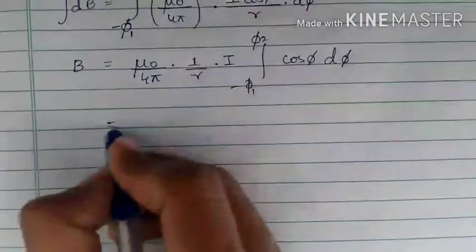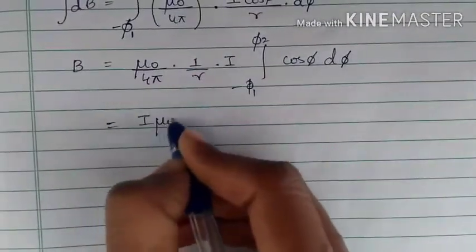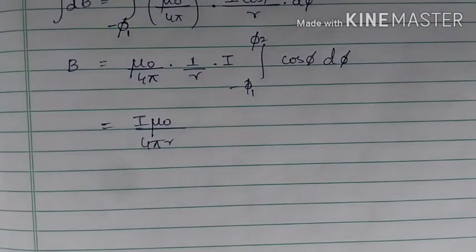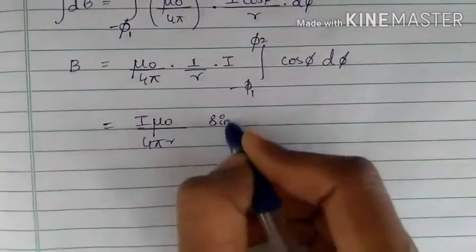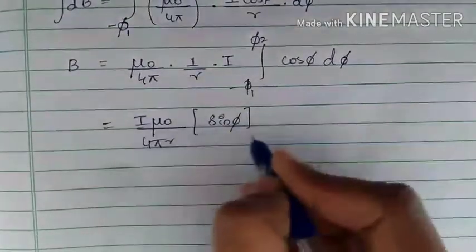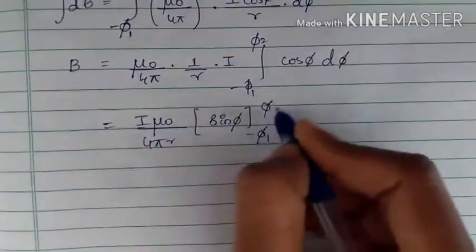So I mu naught by 4 pi r will be multiplied by the integration of cos phi, which is sin phi, with limits from minus phi 1 to phi 2.